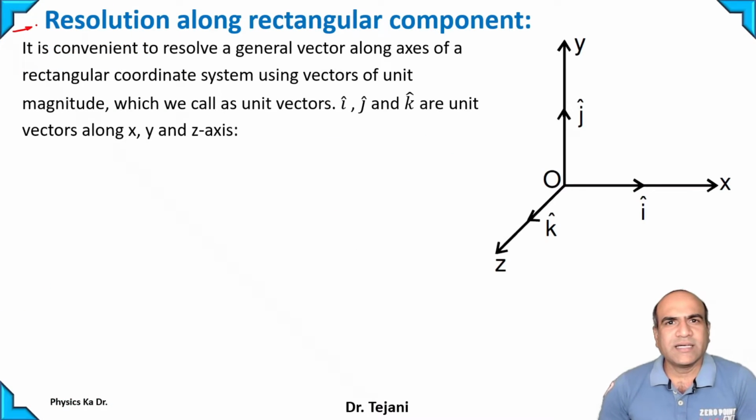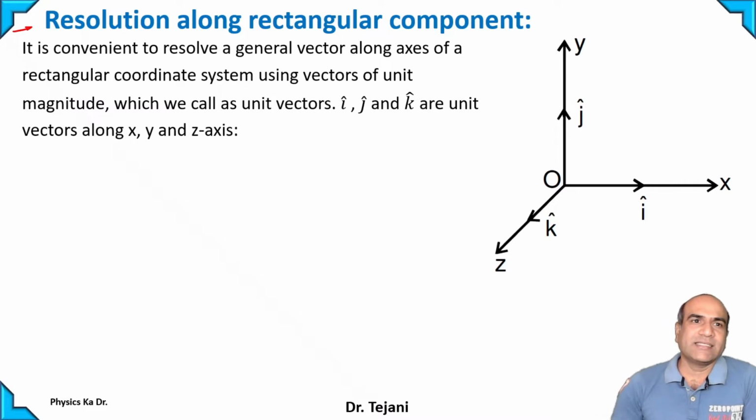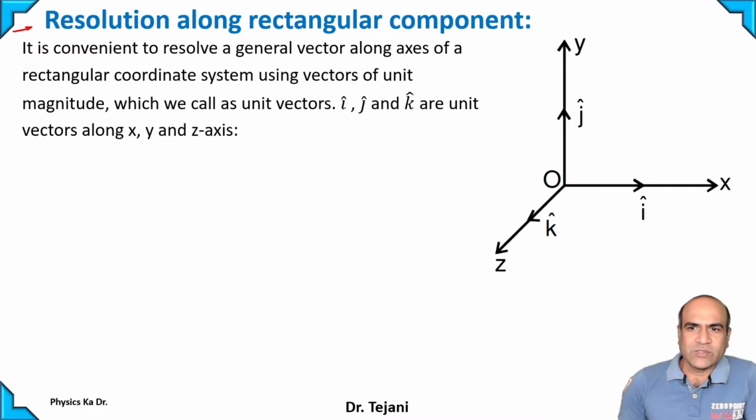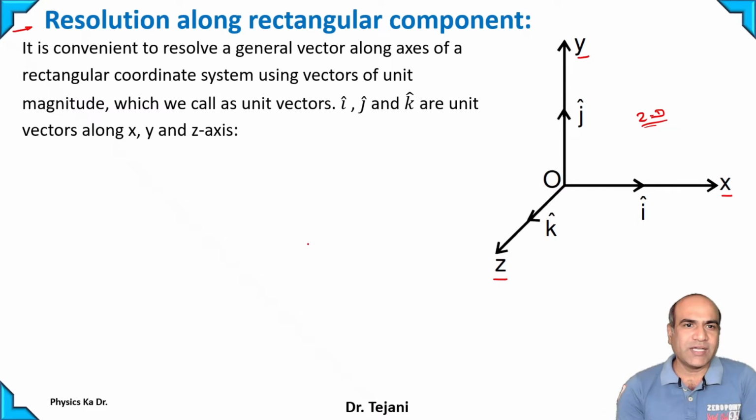We studied different methods. Now let's see resolution along rectangular components. It is an easy method and very convenient. Here we know that for the coordinates we consider x, y and z for 3D, and only x and y for 2D.